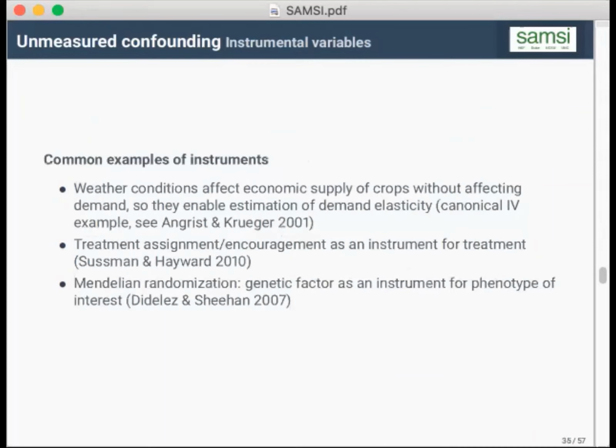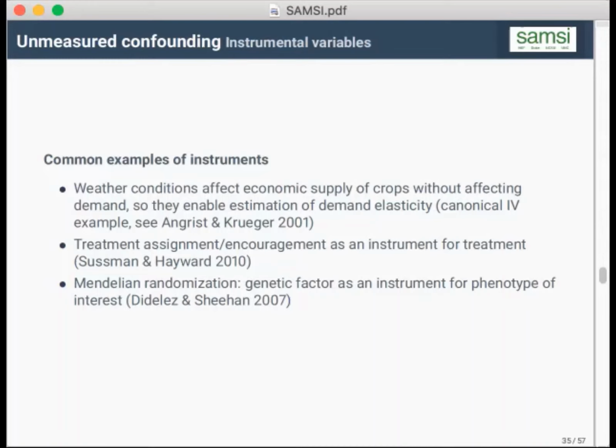A classic example of an instrument comes from econometrics. Demand elasticity, or the effect of price on demand, is often thought to be confounded. But for certain types of agricultural products, weather can be used as an instrument because weather affects price, which is the treatment of interest. It affects price through supply, but it does not affect demand directly. And so an instrumental variable analysis that uses weather as an instrument can recover the estimates of demand elasticity for agricultural products.